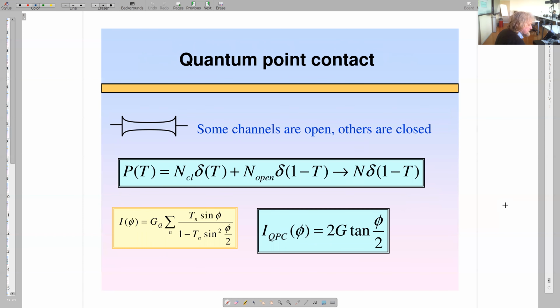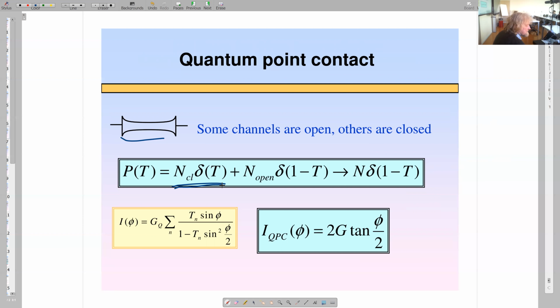Now we can just compute the dependence of I on phi for a couple of examples. Let us take quantum point contact. We can write the distribution. Some channels are open, some channels are closed. They correspond to zero transmission.